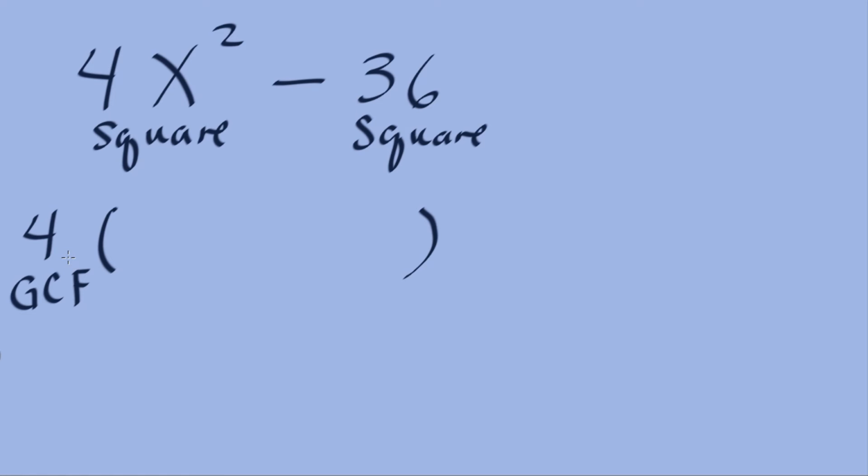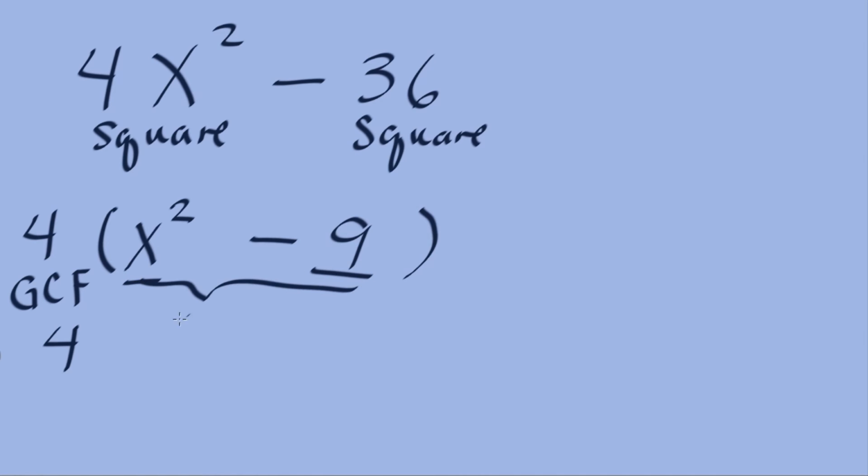So this example has a GCF between those 4 and 36, so we can factor out that 4. So we got the 4x squared, and then 4 times what gives you the 36? So it's a 9. Now, after you factor out the GCF 4, you can quickly check that this is still a difference of squares, right?